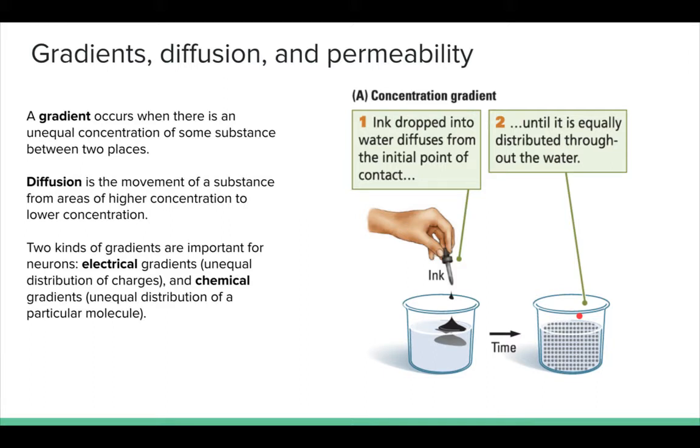For neurons, there are two kinds of gradients that we're interested in. There are electrical gradients, which is an unequal distribution of charges. We could also call that a separation of charges, or a voltage if we like. And a chemical gradient. A chemical gradient can also be called a concentration gradient, and that simply means an unequal distribution of some particular molecule.